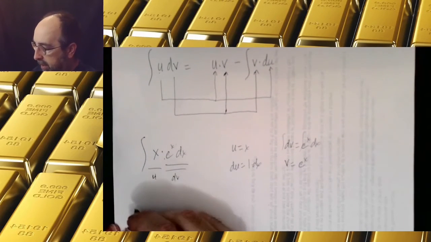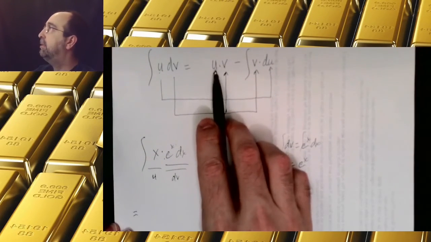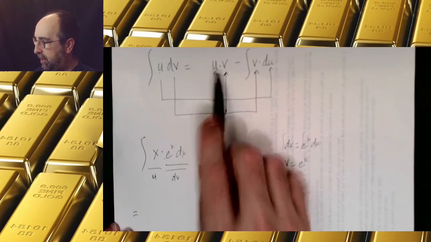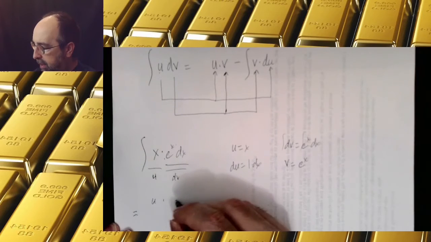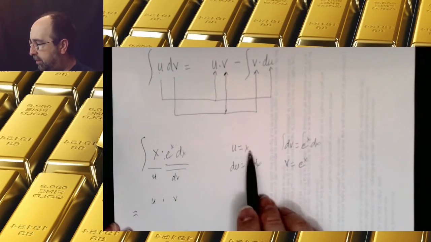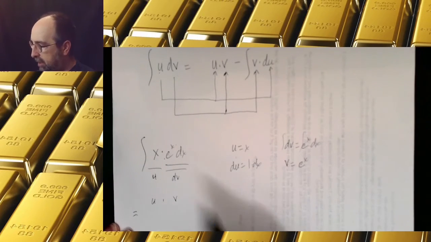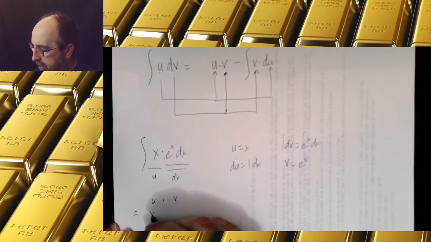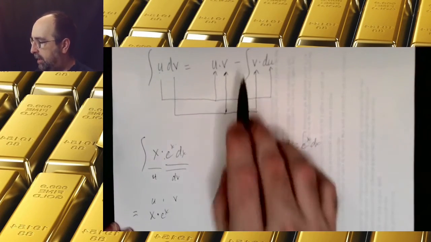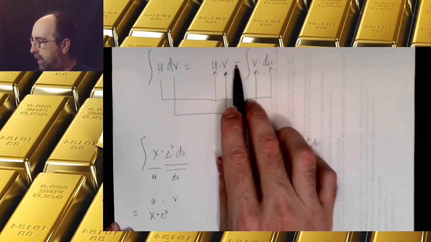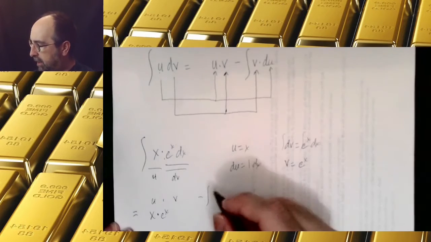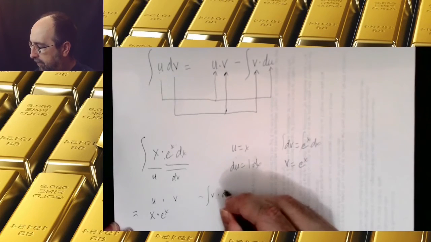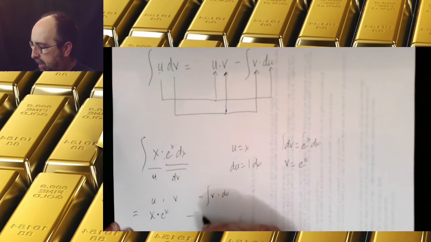And then the formula itself from integration by parts was u times v. Now for us, when you go to do u times v, the u is x and the v is e to the x. So we get x times e to the x. And then to continue the formula, we do minus the integral of v times du. So I'll have minus the integral.